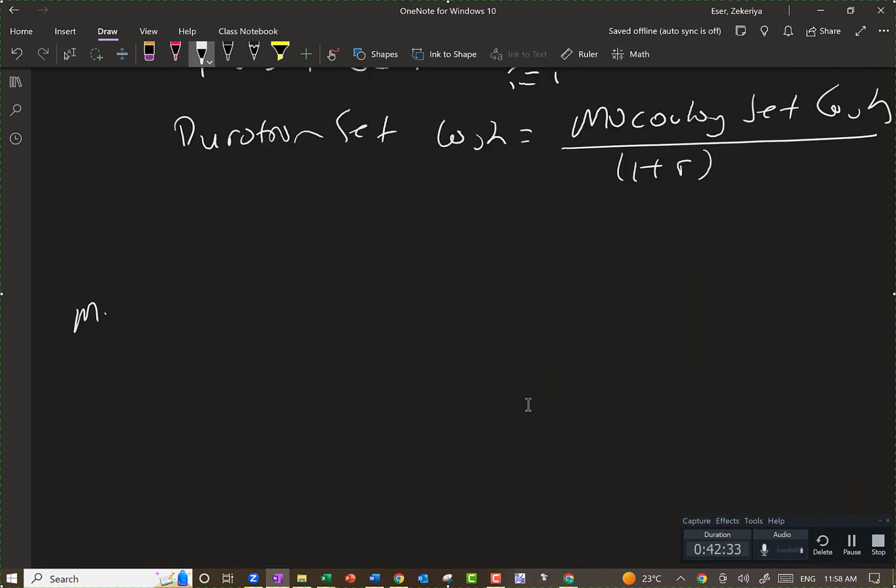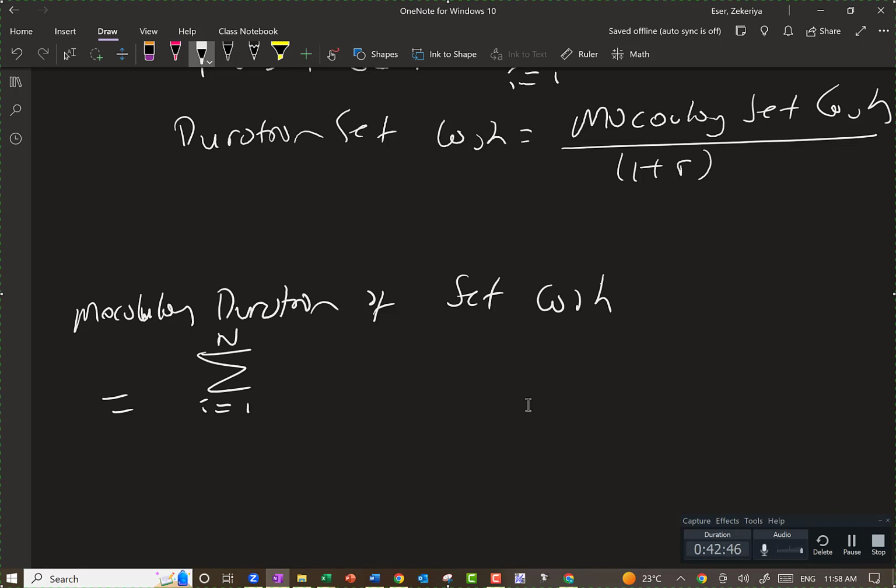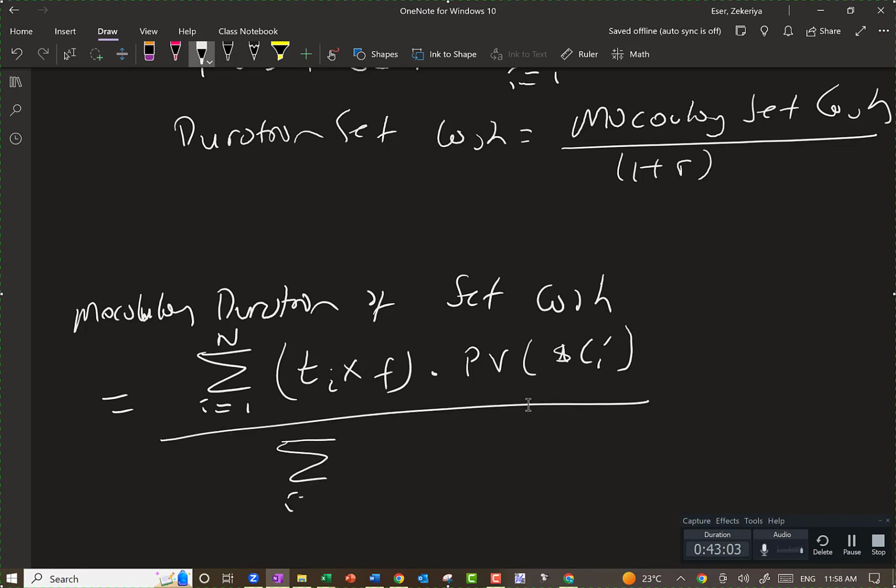And Macaulay duration of a set of cash flows is the sum of t_i times F times PV of the ith cash flow, so that means during that loop I'm going to actually maintain two sums.